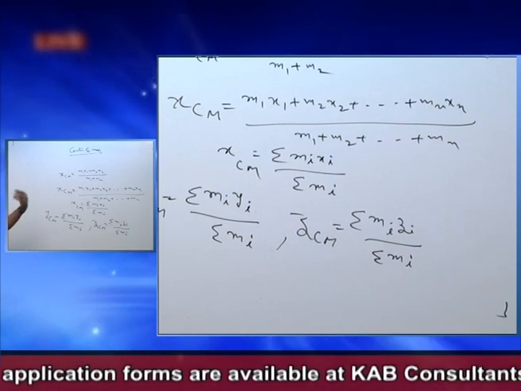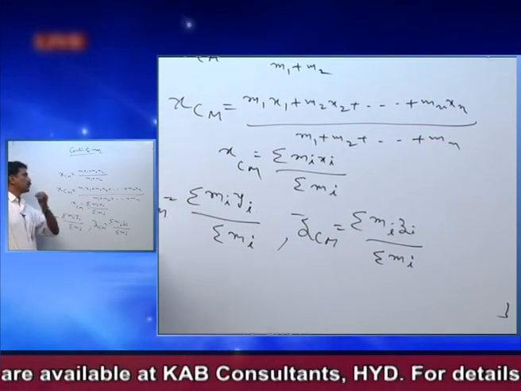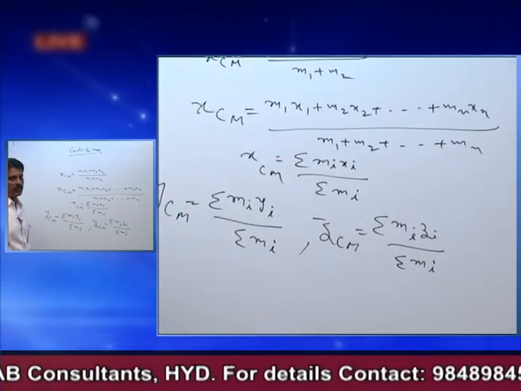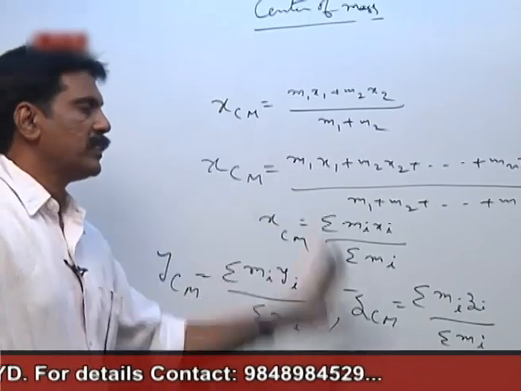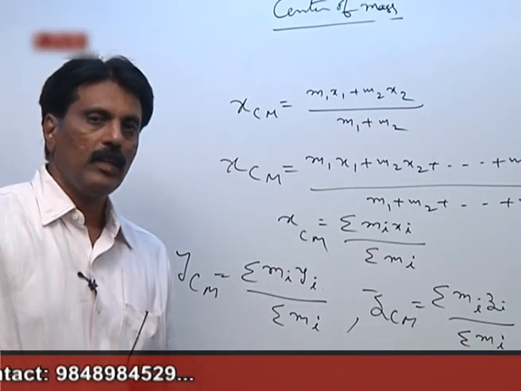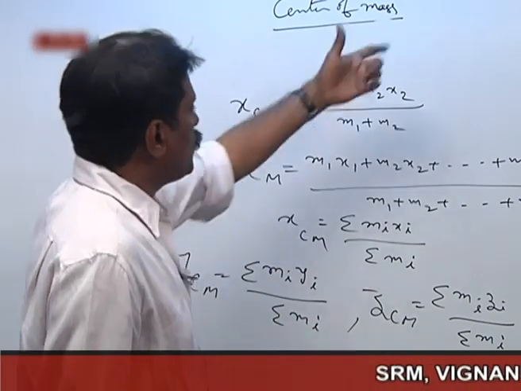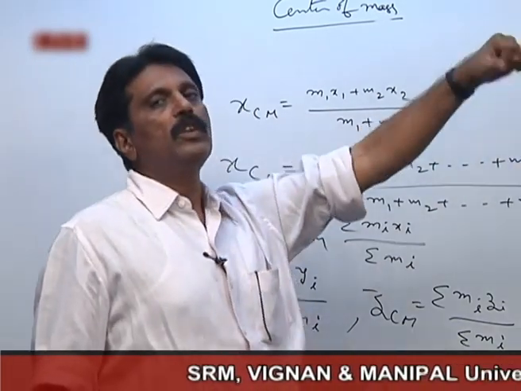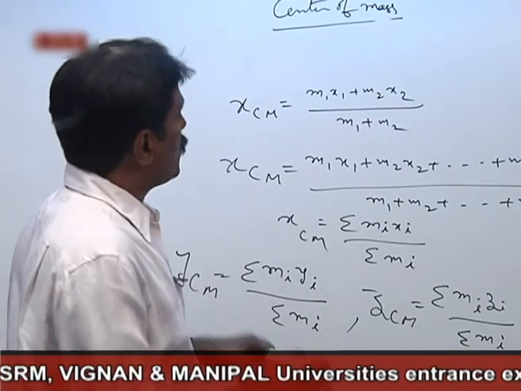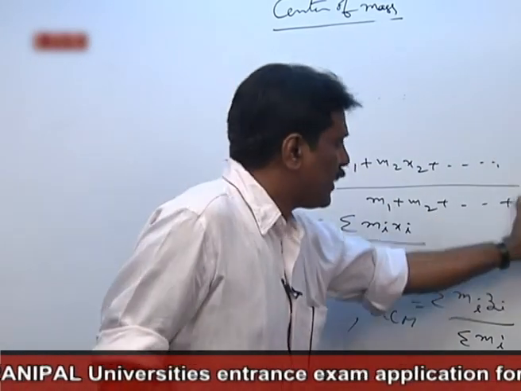So, now we are able to find the center of mass of any number of particles without a problem using these relations. Again, we approached these derivations using the concept m1 r1 is equal to m2 r2. Now, let us do the same thing using another method.